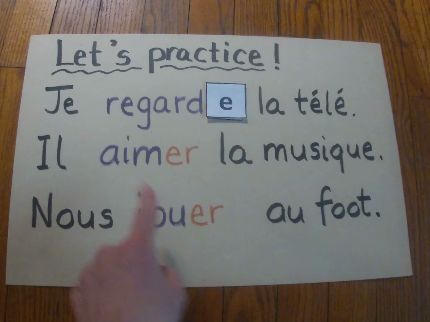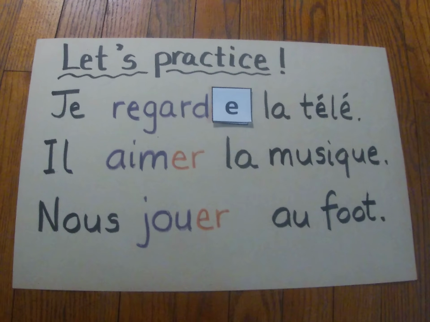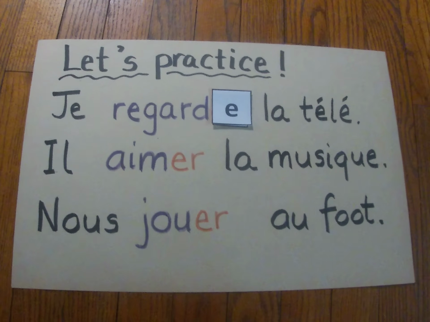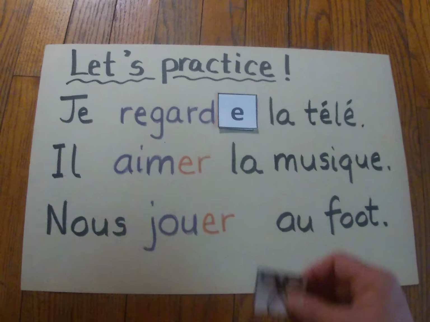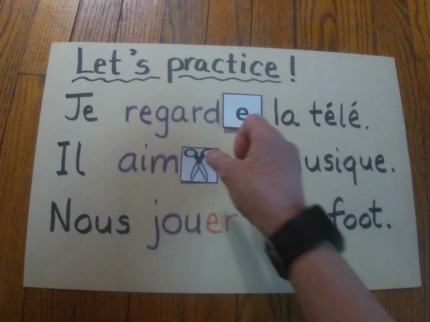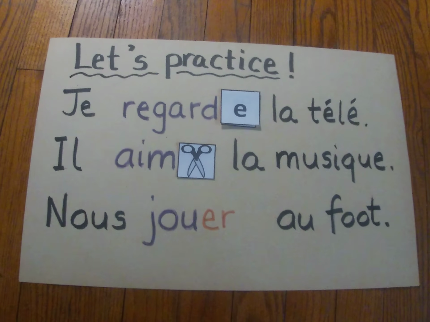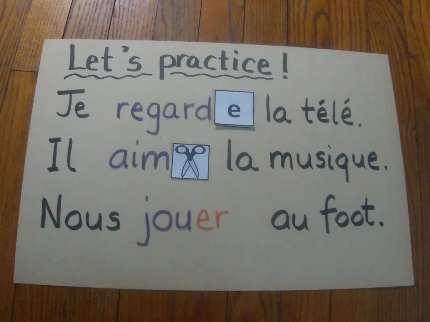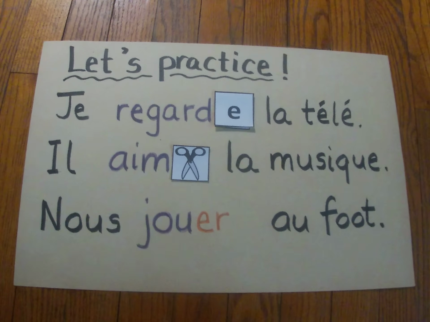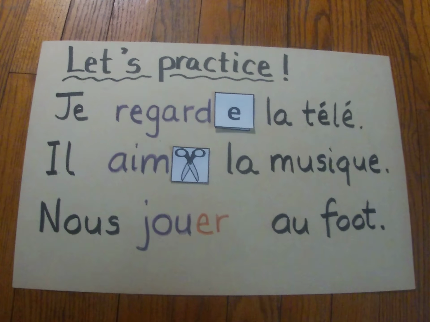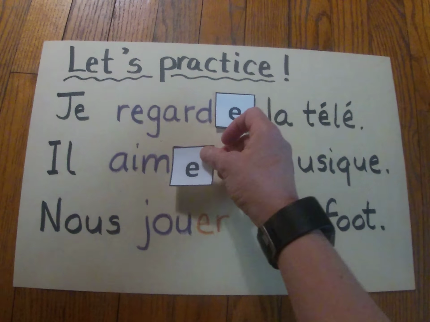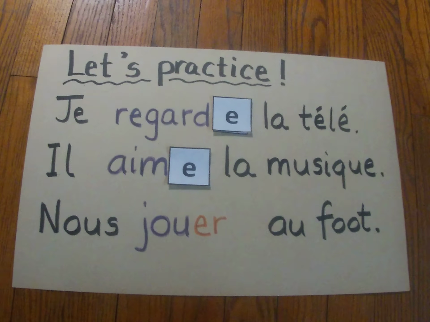Again, aimer is in its infinitive and it doesn't quite fit yet. We need to do our two conjugation steps. First, we cut off the ending to get the verb stem. Next, we add the accurate ending that matches with il, which is the letter E. So our sentence is now Il aime la musique.